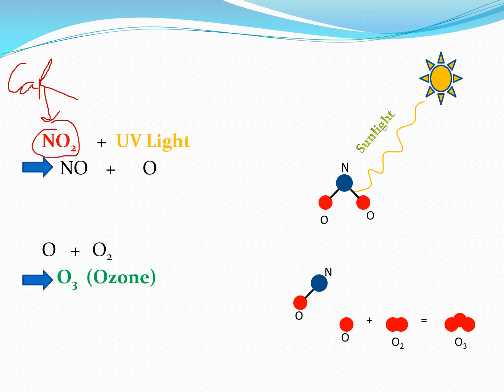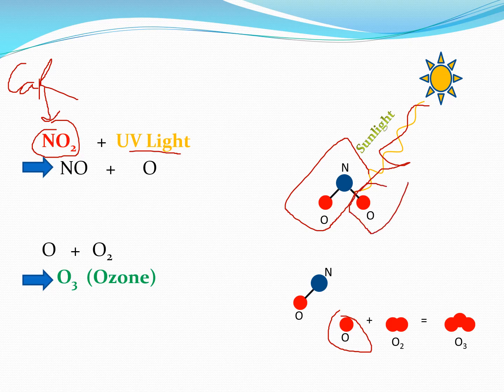Once that gets into the air, it gets whacked with some UV light. I like this picture because it shows the nitrogen dioxide getting whacked by UV light, and a single oxygen busts off. UV light's kind of a molecule buster, and that busts off there.